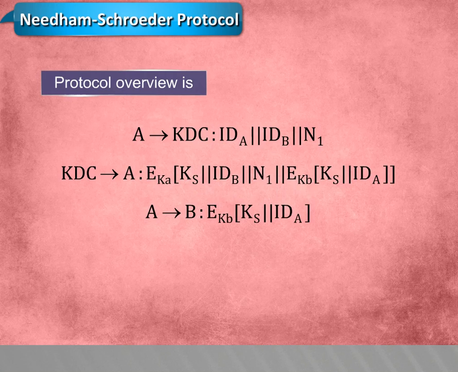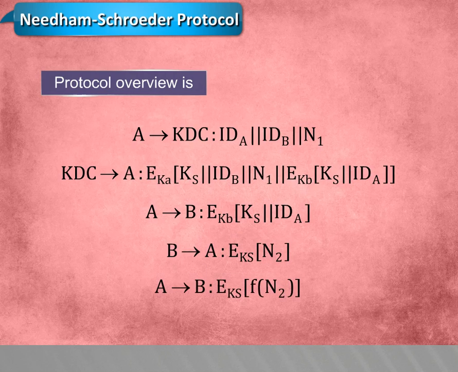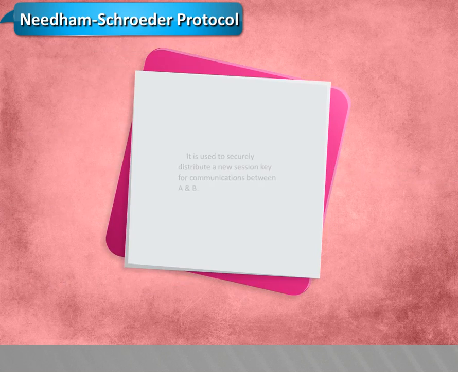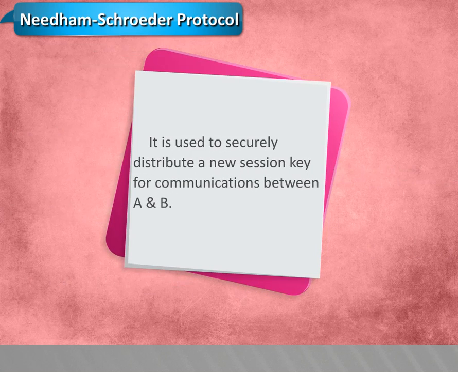A to B: E(KB, [KS || IDA]). B to A: E(KS, N2). A to B: E(KS, f(N2)). It is used to securely distribute a new session key for communications between A and B.